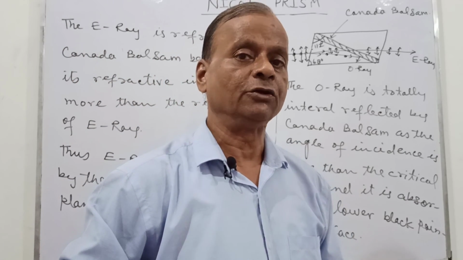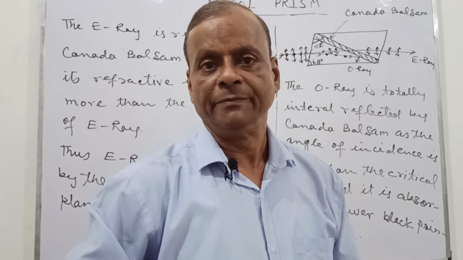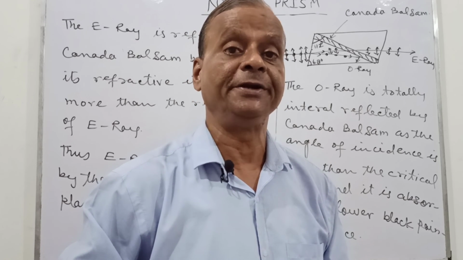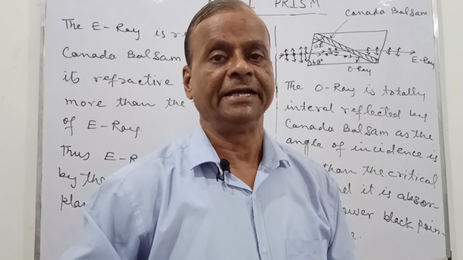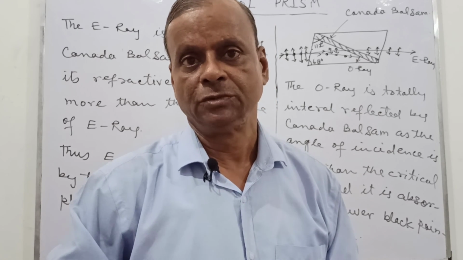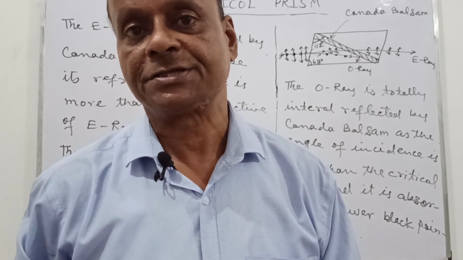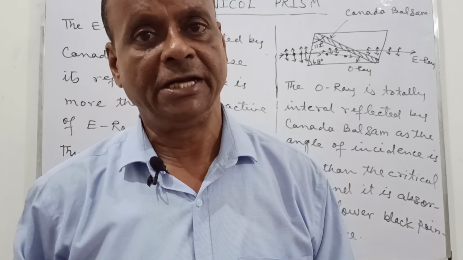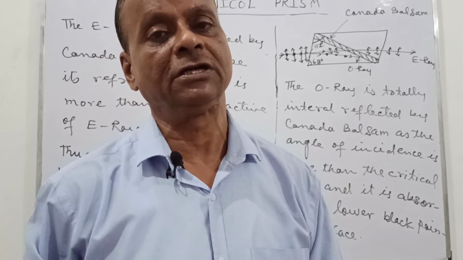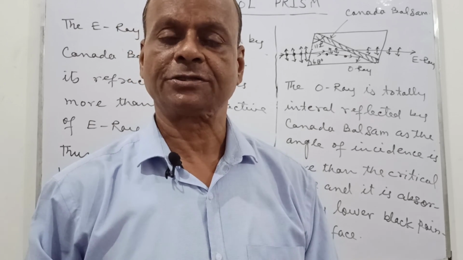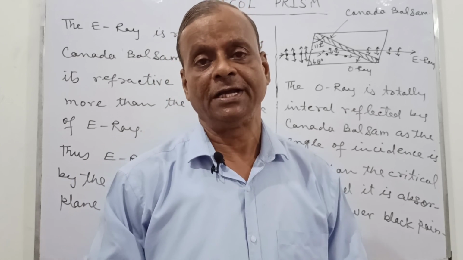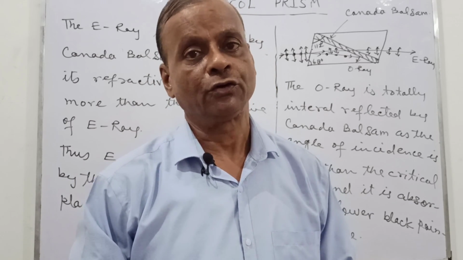So only the E ray goes out of the crystal, because for E ray the Canada balsam acts as a denser medium and then it passes through the crystal. So E ray is plane polarized. Thus only one of the rays is absorbed by the crystal and another ray is allowed to pass through it.